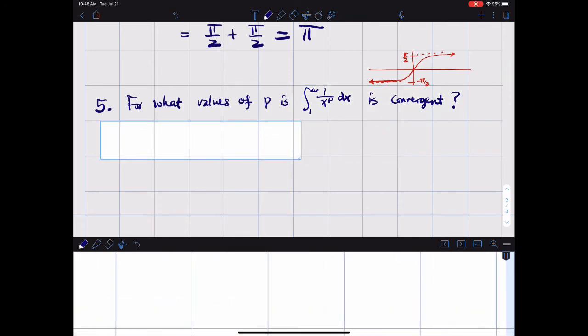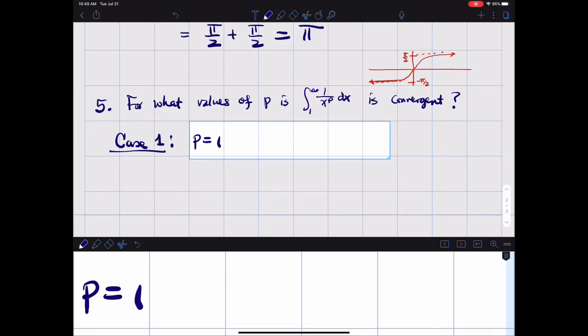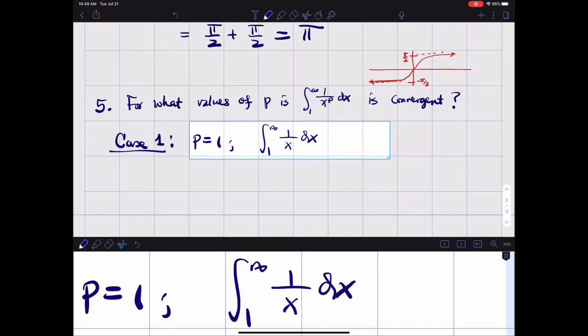All right. So, since we're now students of integrals, one value of p pops out: when p is 1. The integral becomes the integral from 1 to infinity of 1 over x dx.